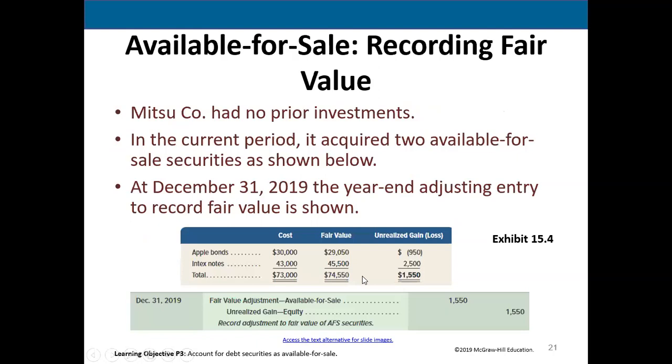Take a look. So now we have here, Mitsu Company had no prior investments. In the current period, it purchased 2 available for sale securities. It purchased Apple bonds, and there's the cost. So right now, in our debt investment account in this available for sale category, they bought an Apple bond for $30,000.